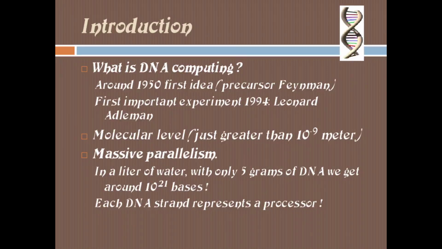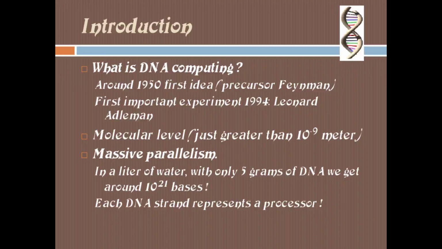The first idea was proposed by Professor Feynman around 1950, and the first important experiment was held in 1994 by Leonard Adleman. Here, each DNA strand represents a processor in our computer.